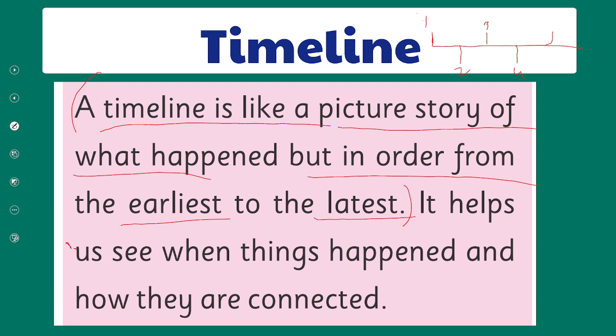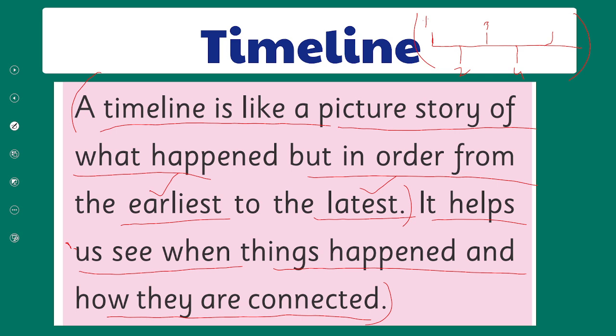Such things are considered timelines, and they are used to present the actions or events or happenings from earliest to latest. It helps us see when things happened and how they are connected. So a timeline helps us understand how things happen, when they happen, and the connectivity between them.